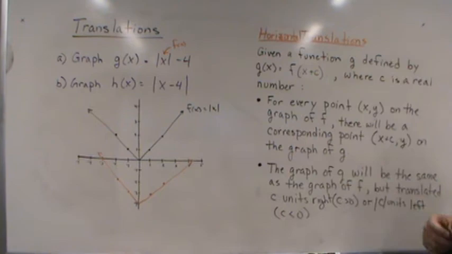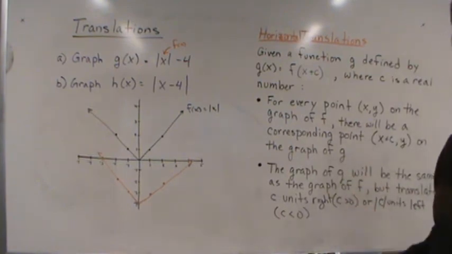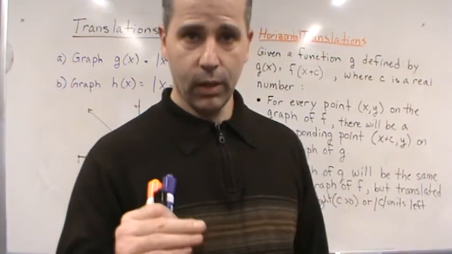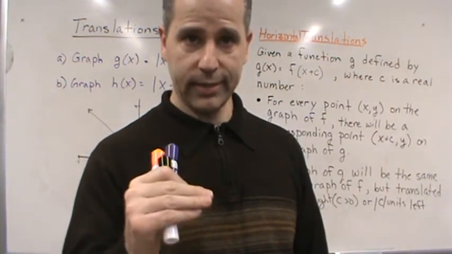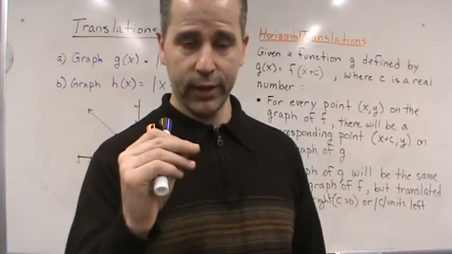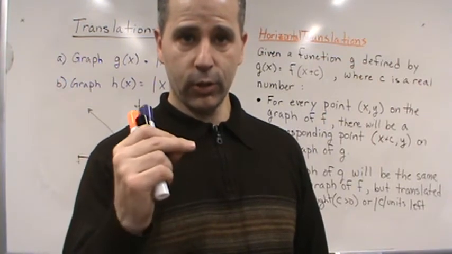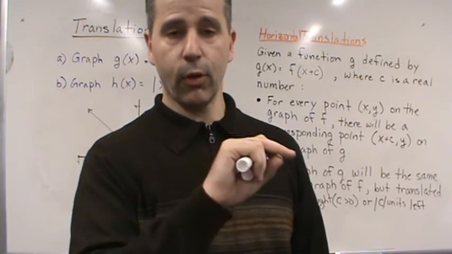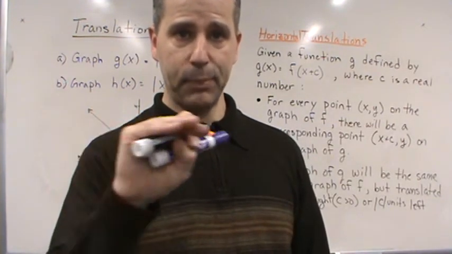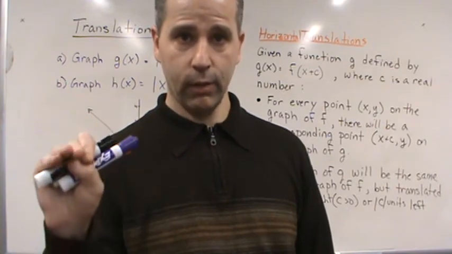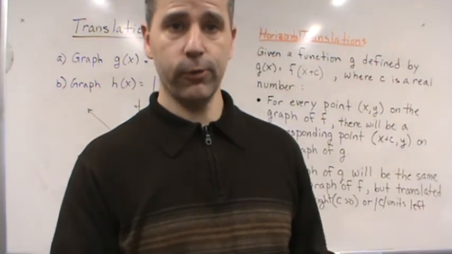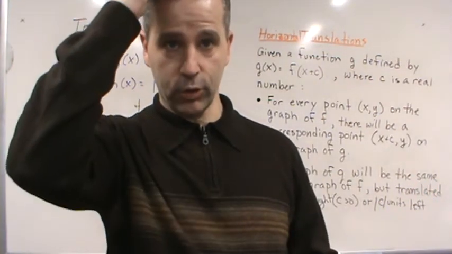Okay, so let's go over this one more time. Remember when I did the video on vertical and horizontal stretching, I said vertical stretching and shrinking is intuitive, what you would think it would be, but horizontal shrinking and stretching is opposite. The same holds for translations, vertical and horizontal.